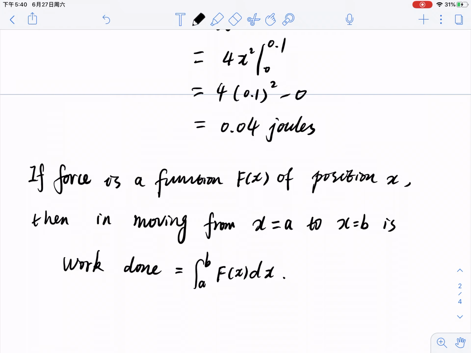If force is a function f(x) of position x, then the work done in moving from x equals a to x equals b is given by the integral of f(x) from a to b. This is the formula.